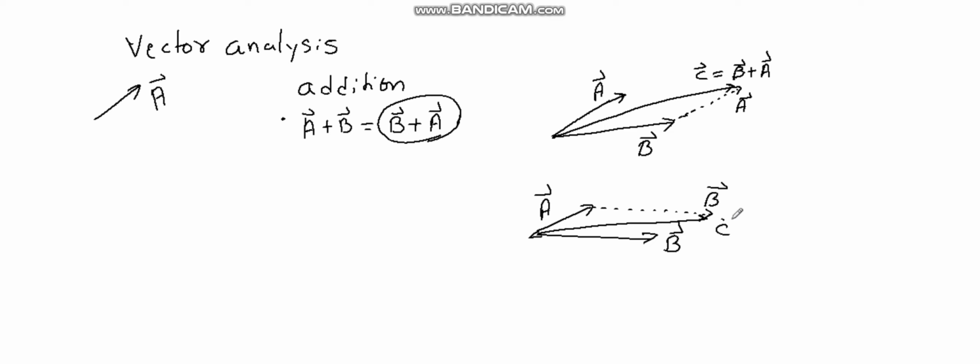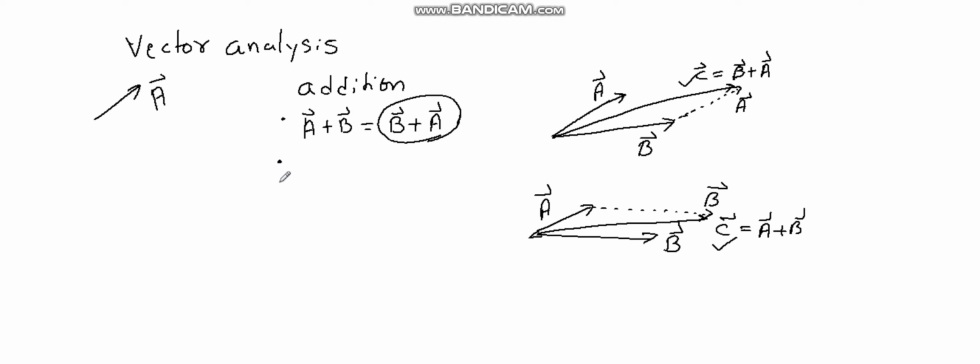This is the C vector, and when we look at this, this is the A plus B. This vector and this vector are the same vector. So this is a proof that the summation of the two vectors A and B commute.